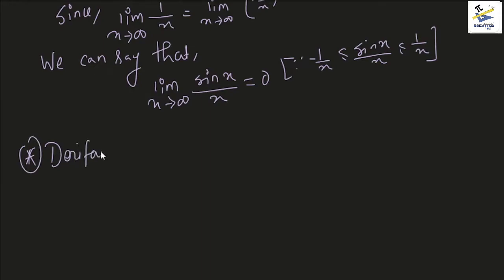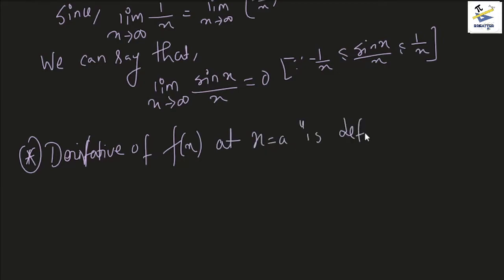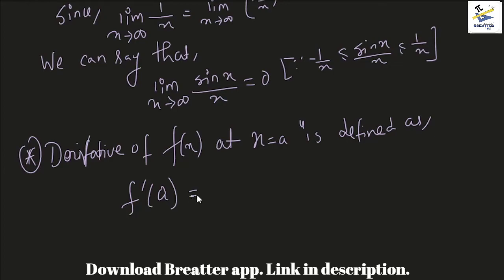The derivative of f(x) at x equals a is defined as, I'll give you the formal definition of derivative here, and we are going to revisit it when we start derivatives, but for this problem this much information is sufficient.